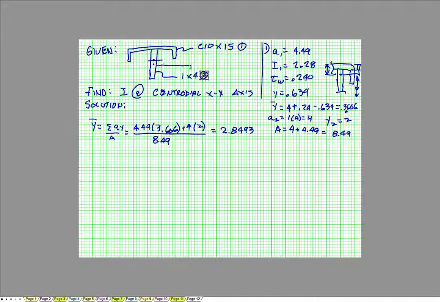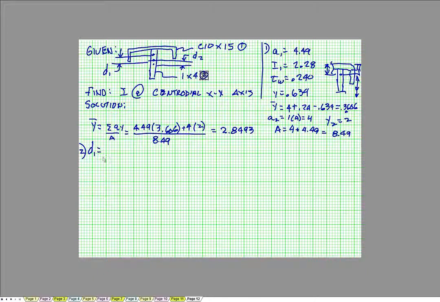So right there is y-bar, and I need to find the distance here. That should be distance 2, and distance 1 should be here. So step number 2, finding my distances.